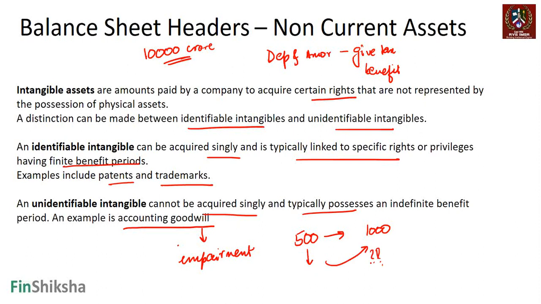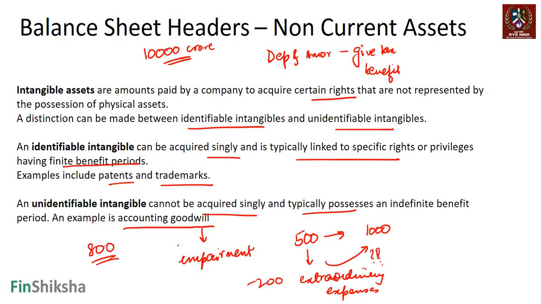That's the question you have to answer. If the answer is yes, then you carry it at 1000. If the answer is no, then you write off whatever you think will not come in. So if you think it will only come for 800, you will have to write off 200 in the form of extraordinary or exceptional items. If you remember, extraordinary or exceptional expenses from the P&L. You have lost that money, right?